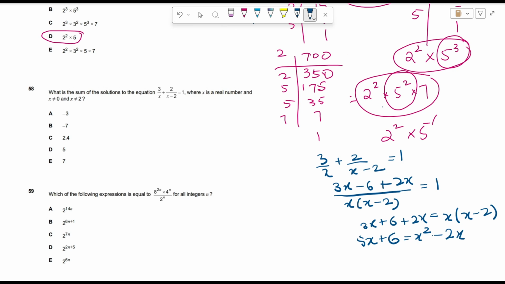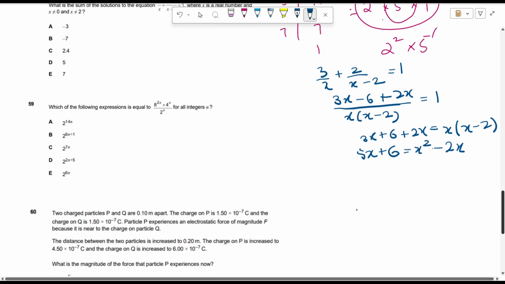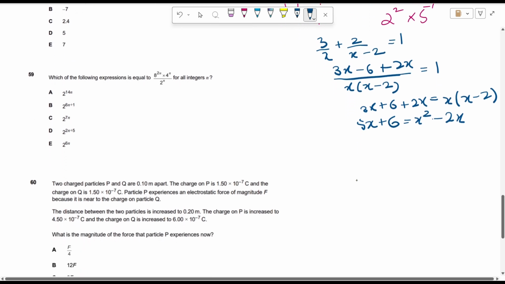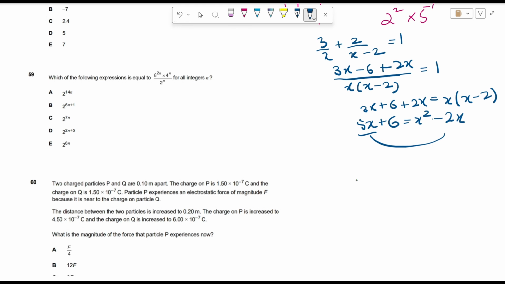Now let's do it here. When we take this 5x to the right hand side, it would be minus. So x square minus 2x minus 5x is minus 7x, right? And plus 6, when it moves to the right hand side, it will be minus 6, equals 0.